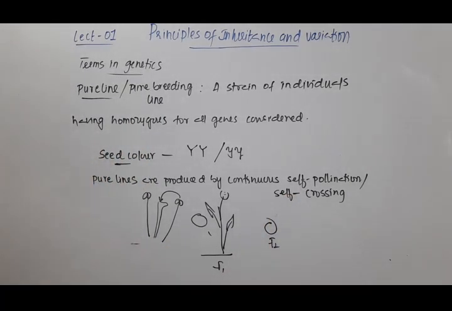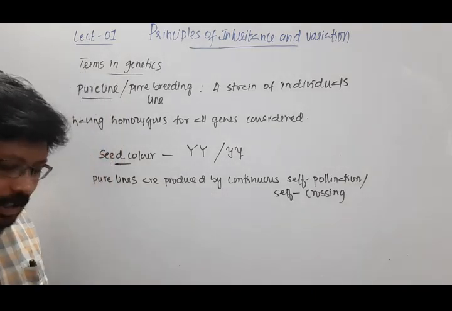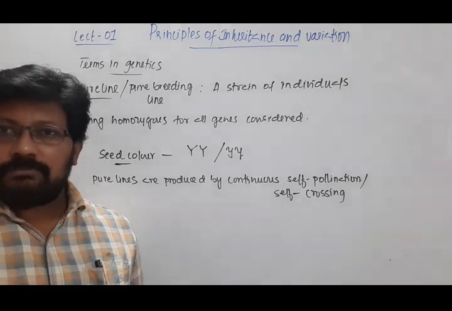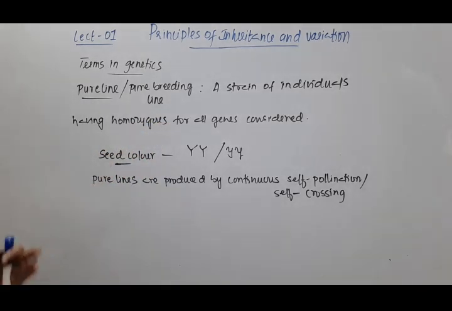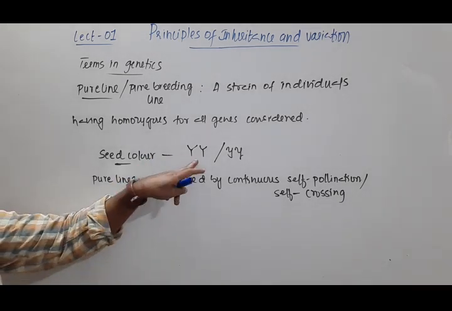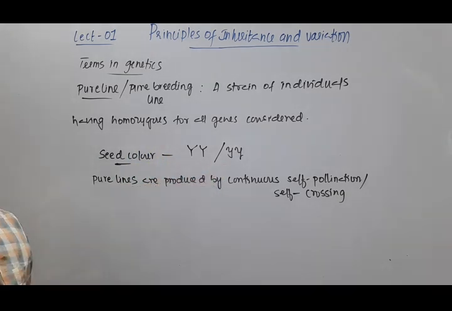So pure lines are produced by self pollination or self crossing for a number of generations, so that the genes for a particular character will come to a homozygous condition. After continuous self pollination for a number of generations, both genes will be in the dominant condition or both in the recessive condition. If that is the case, then such an individual is what we call a pure line.